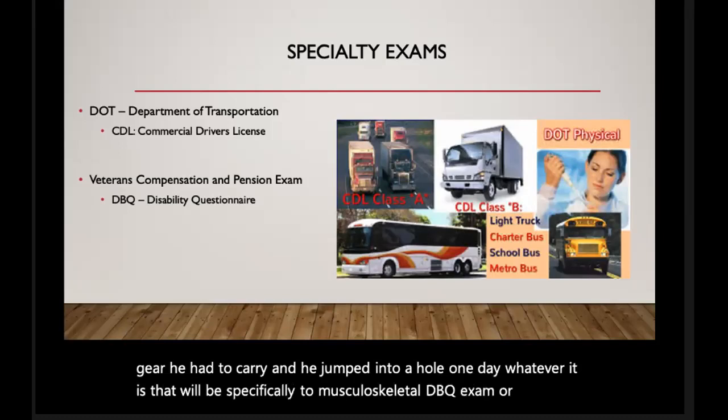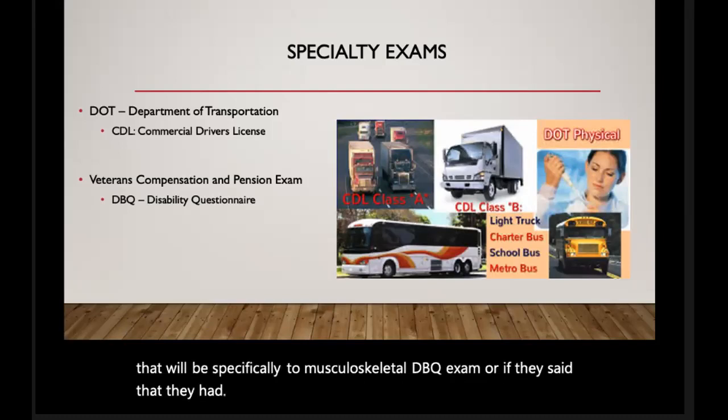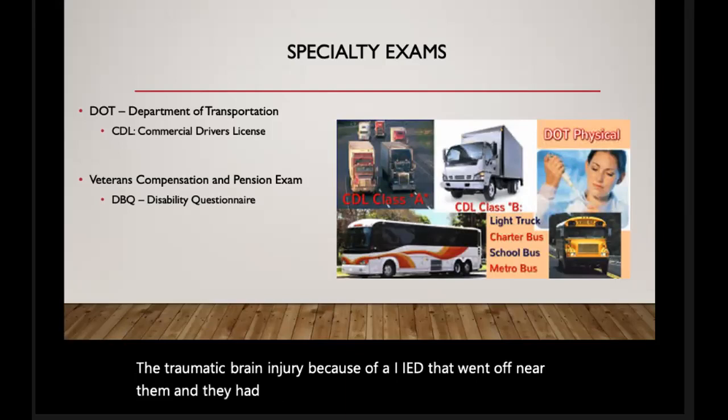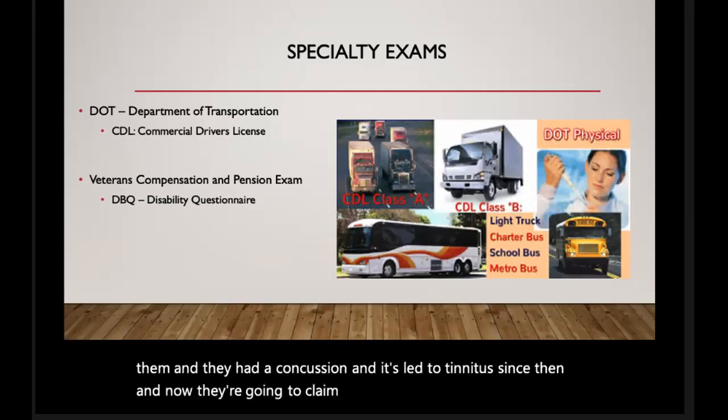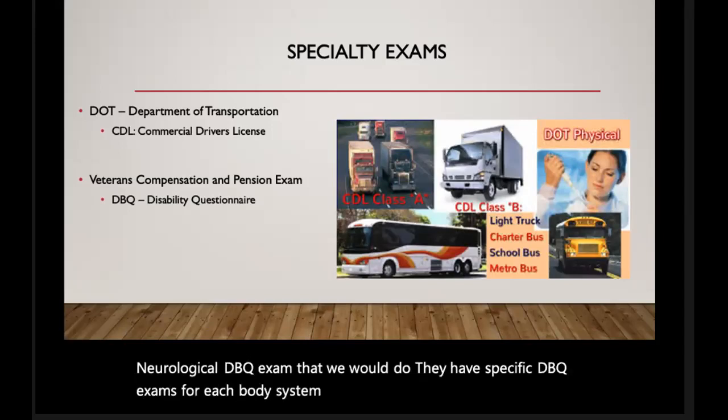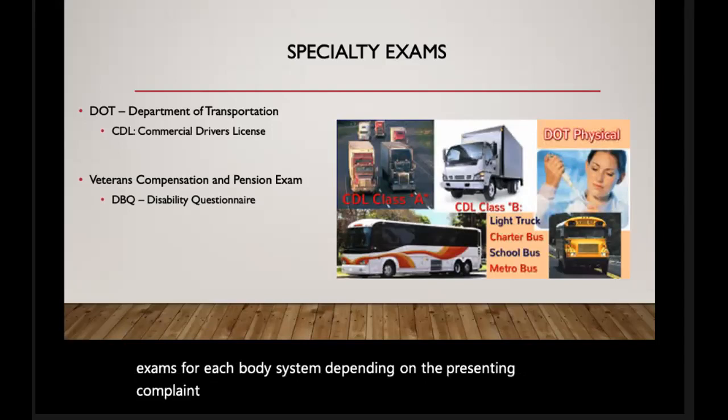Or if they said that they had a traumatic brain injury because of an IED that went off near them, and they had a concussion and it's led to tinnitus since then, and now they're going to claim that, now we have a neurological DBQ exam that we would do. They have specific DBQ exams for each body system depending on the presenting complaint. So based on the complaint, you will get that DBQ exam when that particular veteran comes in.